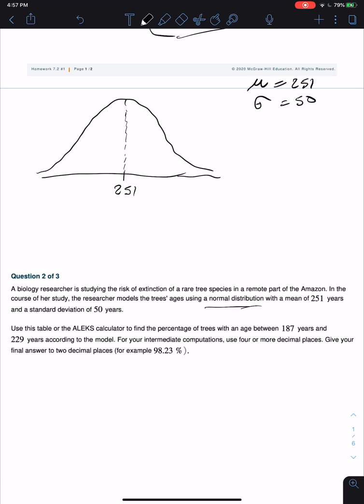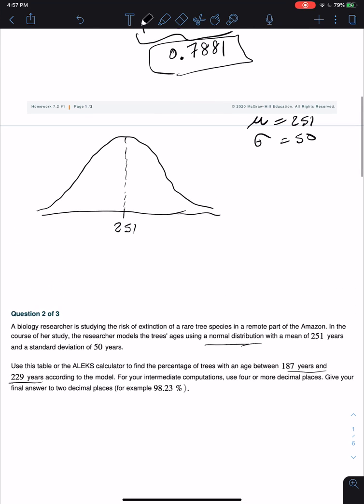We're trying to find the ages of trees between 187 and 229. Well, 251 is the mean, so 187 and 229, that's below the mean. So it's going to be something like this and something like this. So we've got 187 years, and then this one was 229.